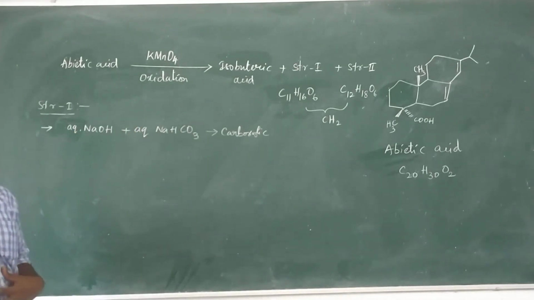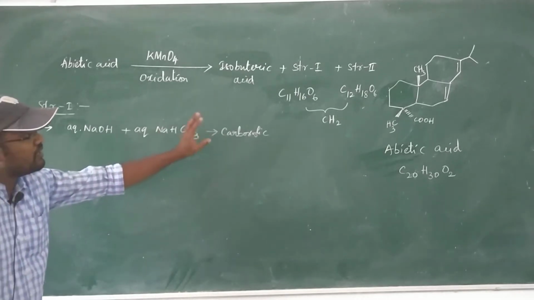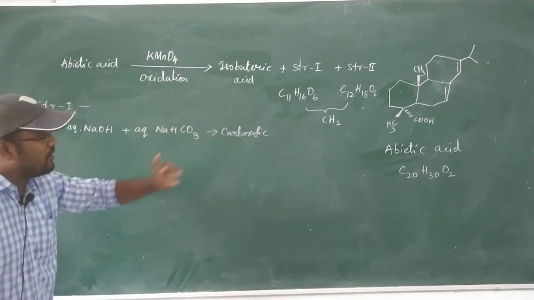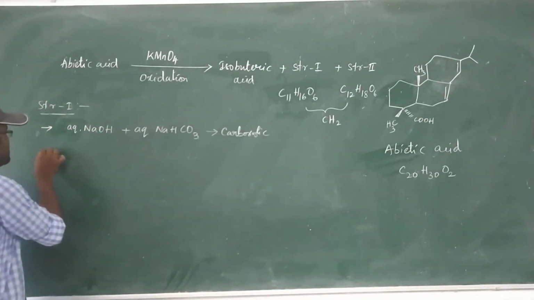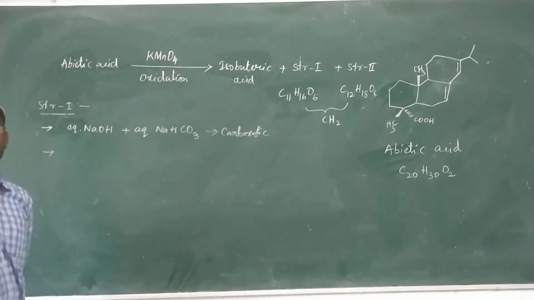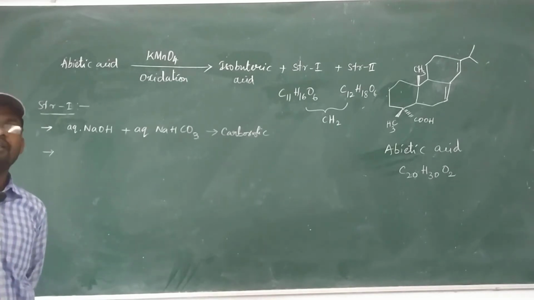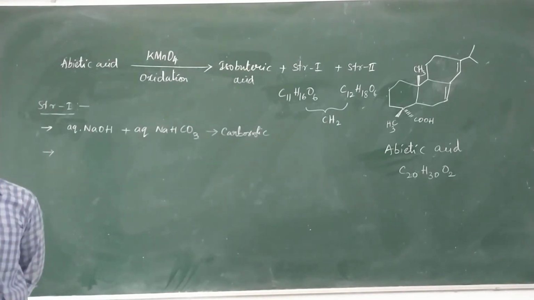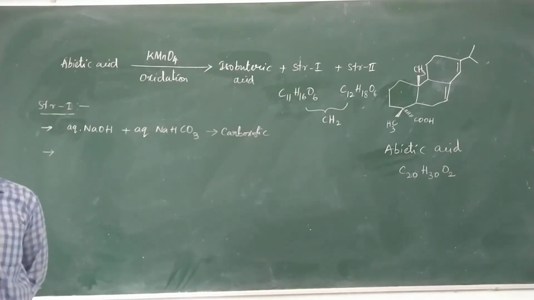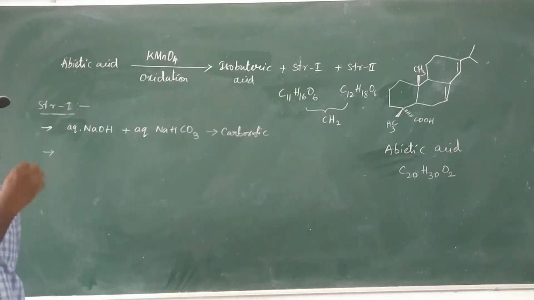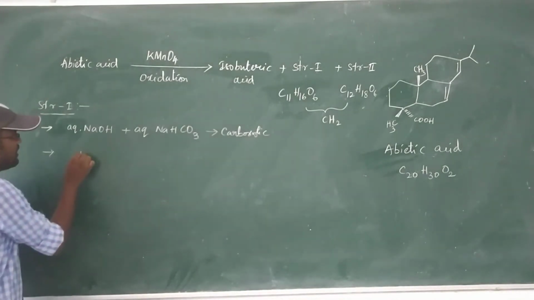These two are bases, so the result is that it is a carboxylic compound. Next, structure 1 consumes 3 moles of methanol or ethanol to convert to a triester. Triester formation requires 3 moles of methanol, so that gives the information that structure 1 is a tricarboxylic acid.